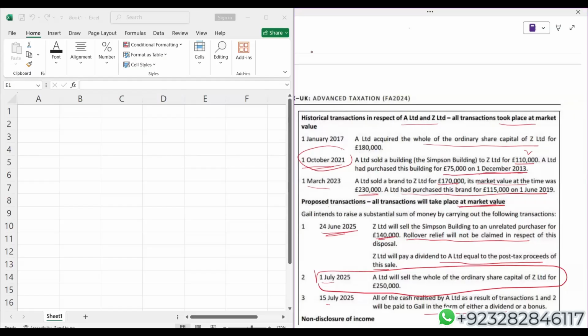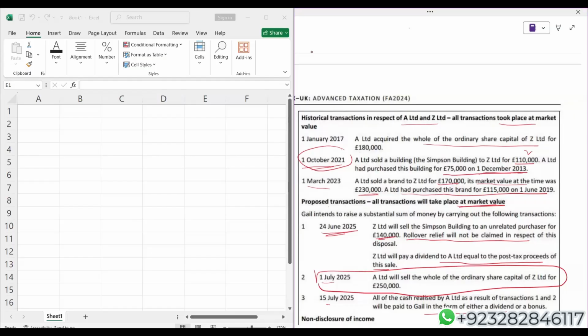Second, in case of disposal of assets within 75% capital gain group members, there will be no gain, no loss. Third, actually we assume that sale proceed is equal to cost plus indexation allowance, and indexation allowance is available till December 17.